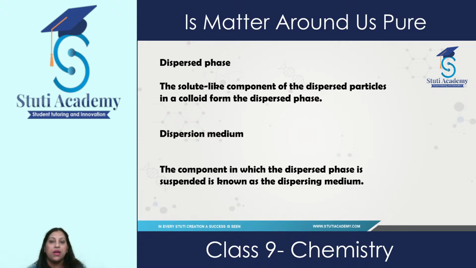Now if we are talking about colloidal solution, a colloidal solution always contains two phases, the dispersed phase and the dispersing medium. Dispersed phase means the solute part, the components which are present or suspended in the solution. That is known as the dispersed phase. And the dispersing medium is that in which those solute particles are present.